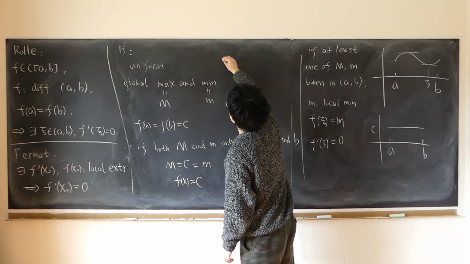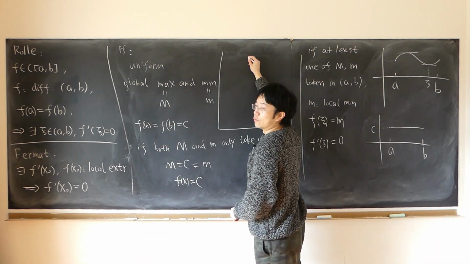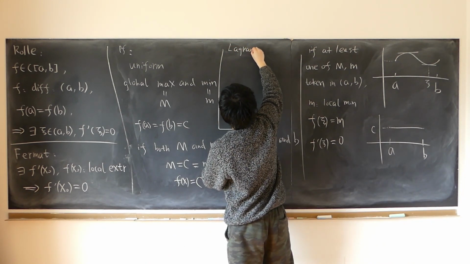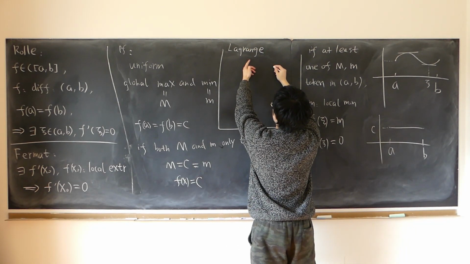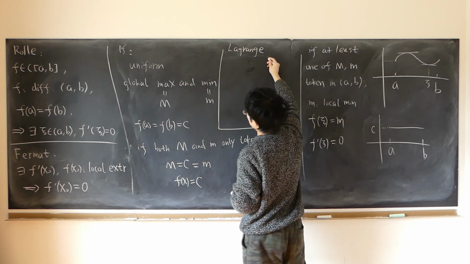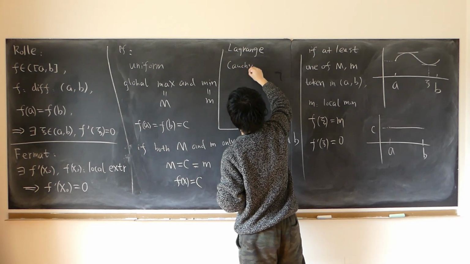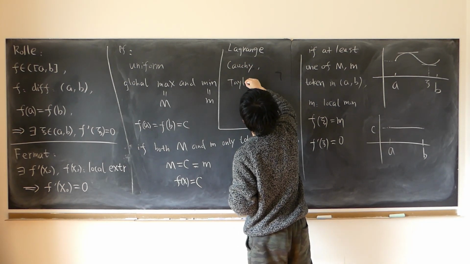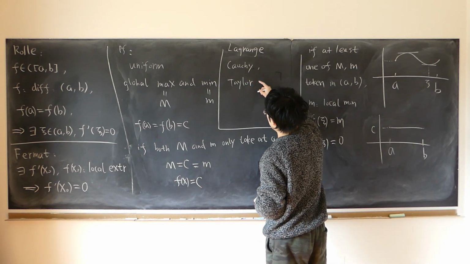Now, in the future, I will use Rolle's theorem to prove the Lagrange mean value theorem in the context of derivatives, and also the Cauchy mean value theorem, and also Taylor expansion with Lagrange remainder and Cauchy remainder.